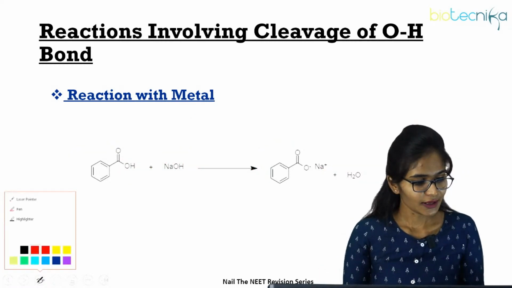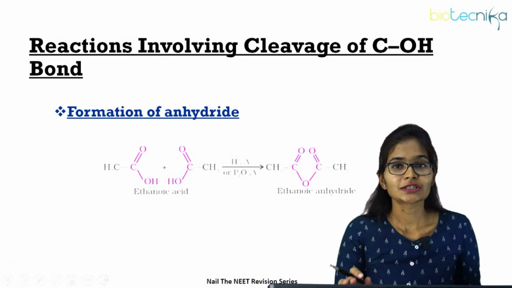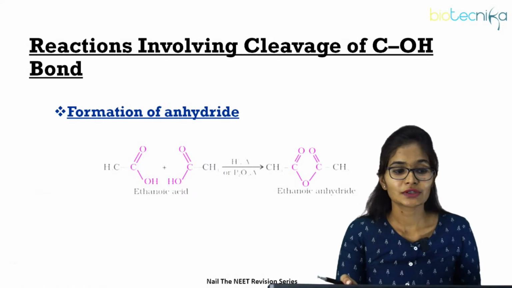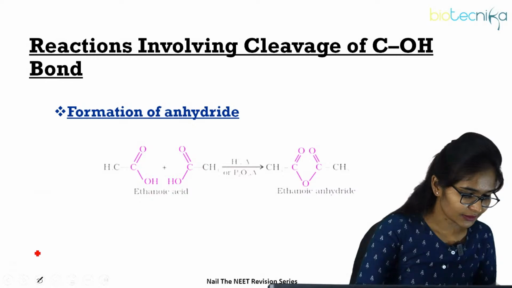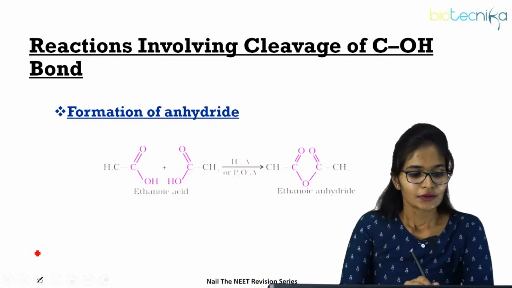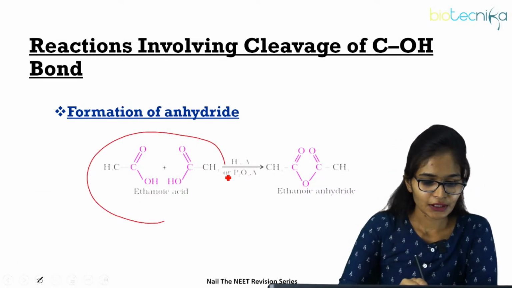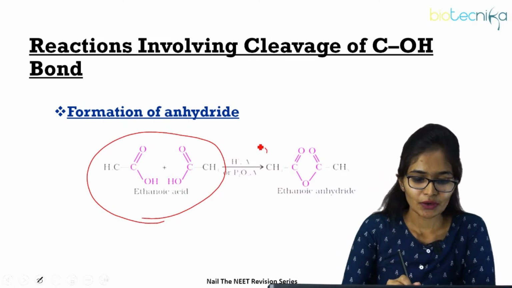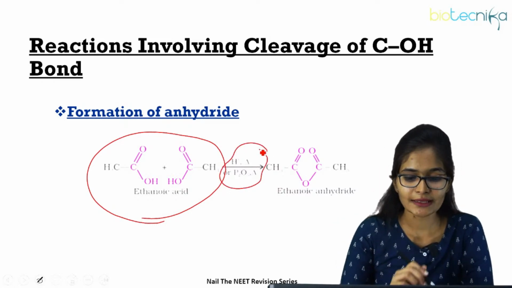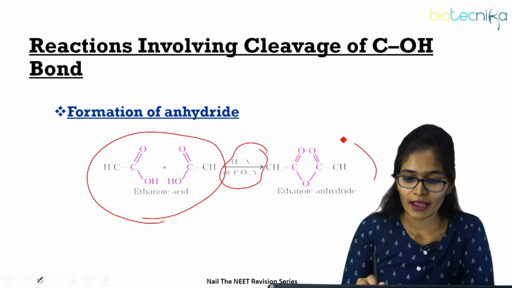Now coming to the next part, which is the reaction involving cleavage of the carbon-oxygen bond. So let us look at this reactant part. You have 2 moles of ethanoic acid. Upon heating in the presence of acid, you are going to form an anhydride.